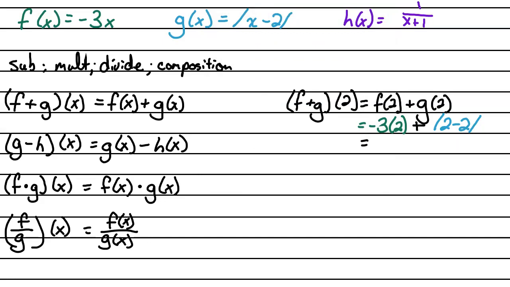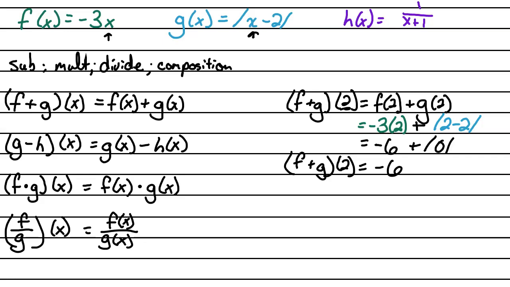So negative 3 times 2 gives me negative 6, and 2 minus 2 is the absolute value of 0. So f plus g of 2 would equal negative 6.